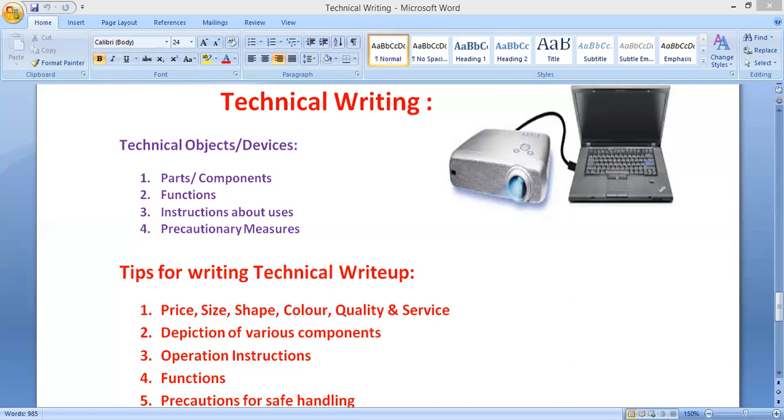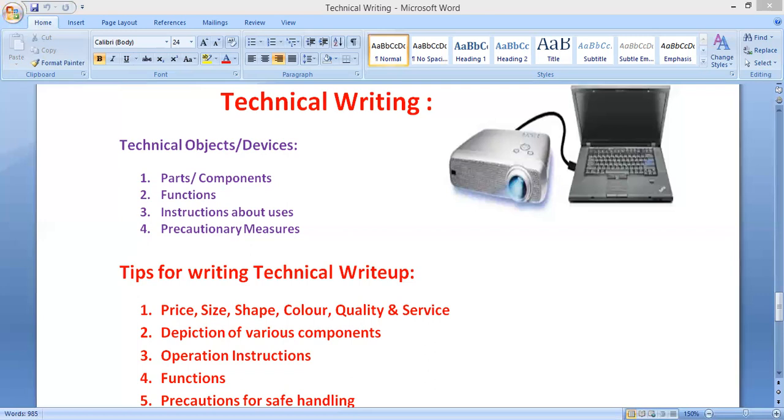Then instructions about uses. This is one of the most important steps while writing a technical write-up for any technical device. A common man must know the instructions, and they should be in very easy language.